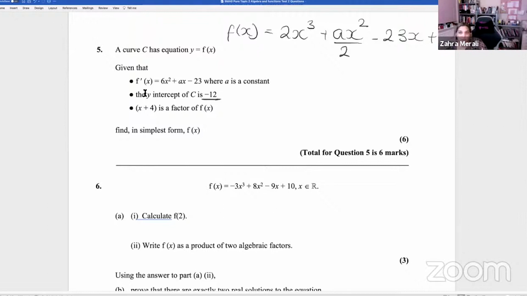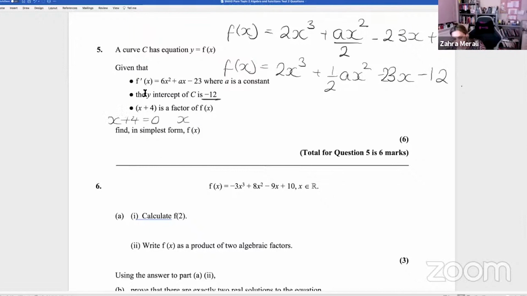So straight away, we know our c is minus 12. So f(x) equals 2x cubed plus a half ax squared minus 23x minus 12. And now we know x plus 4 is a factor. So x plus 4 equals 0, giving us x equals minus 4. We can sub that in, make it equal to 0.